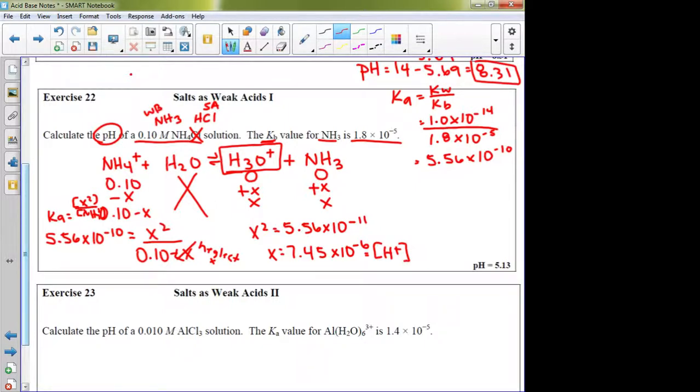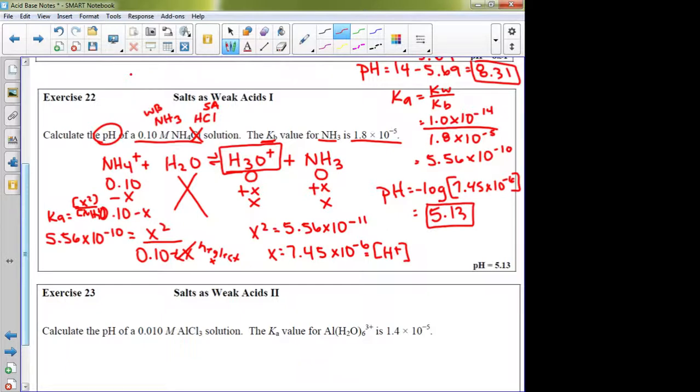So how can I find pH now? pH is equal to the opposite of the log of 7.45 times 10 to the negative 6. So my pH is 5.13.